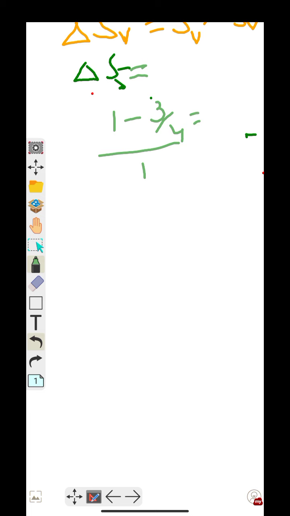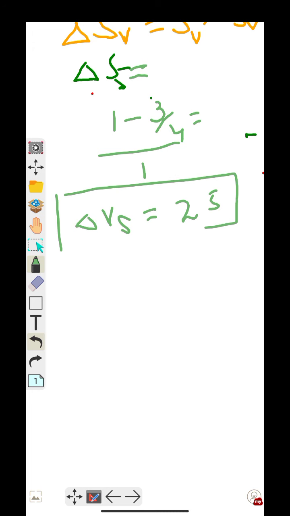That comes out to be 1 by 4, which is roughly 25%. So this is the change in voltage sensitivity, 25%.